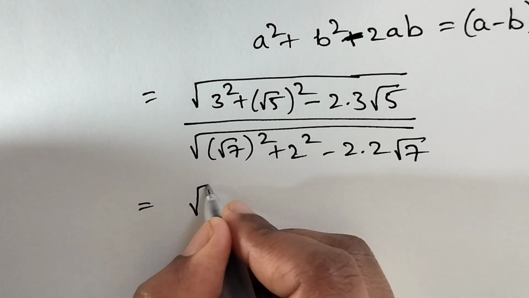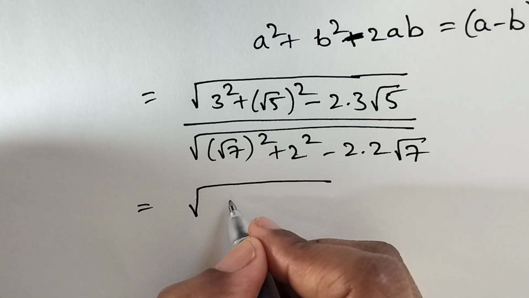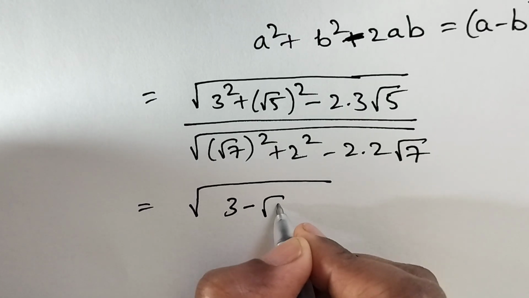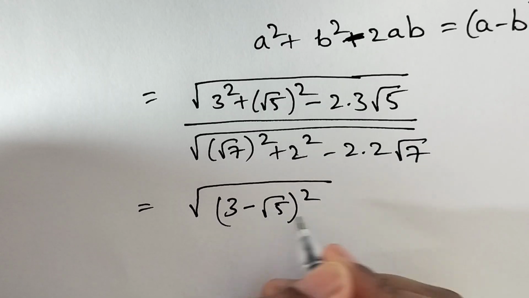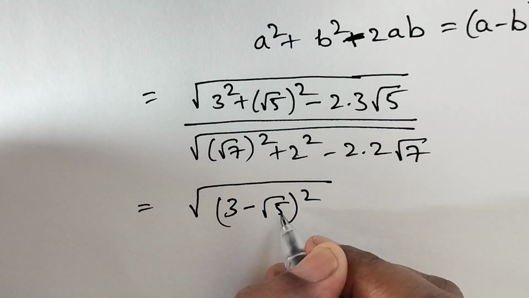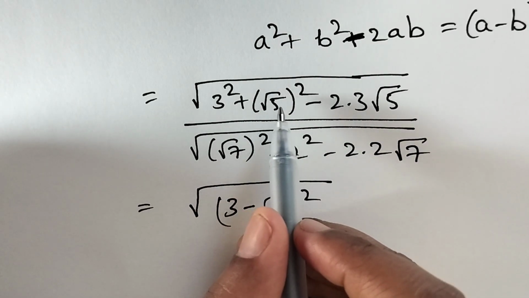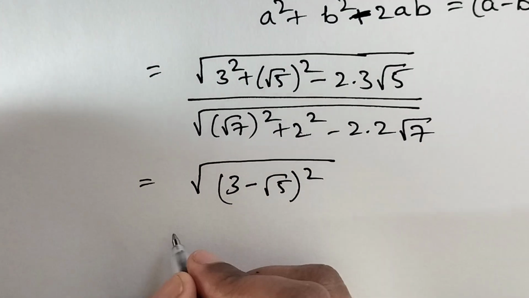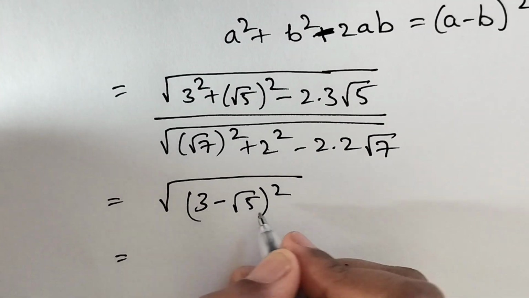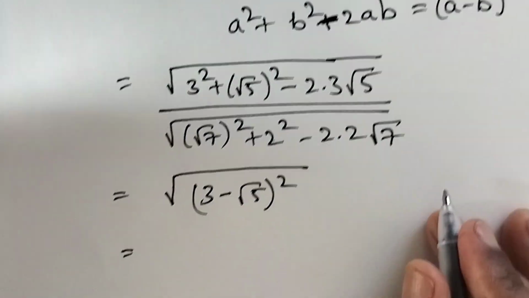So now it will be the square root of 3 minus the square root of 5, whole squared. Here a is 3 and minus the square root of 5 is the b value, so a minus b whole square.